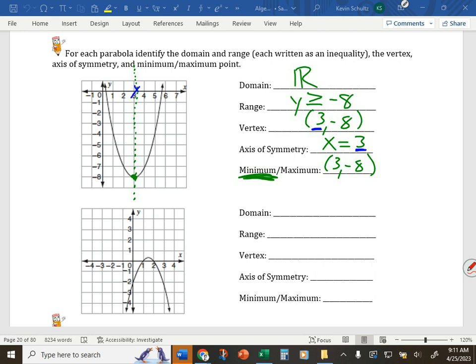Something else? The range and your y value will always be the same. Okay, that vertex kind of serves 2 purposes. The x value matches the axis of symmetry. The y value matches the range. The vertex is a very important point of a parabola. You almost might say it's the central point of a parabola.